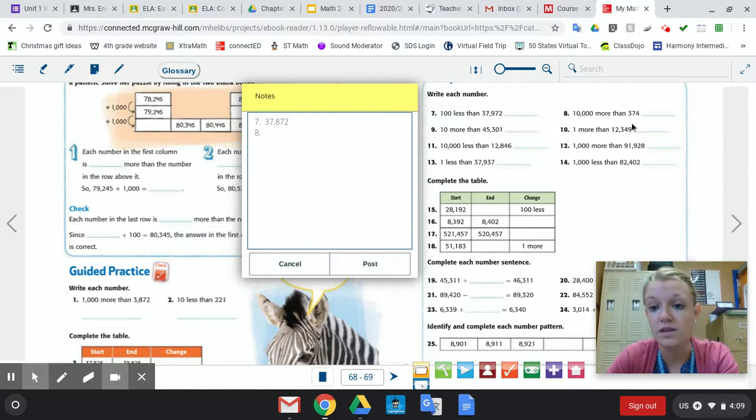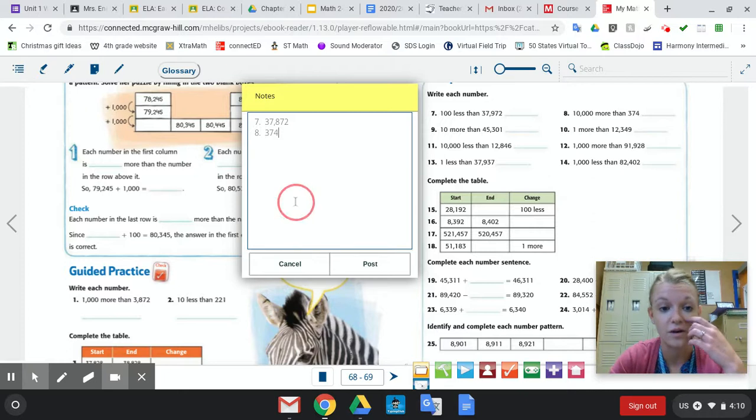Let's try number 8. 10,000 more than 374. So I'm going to type out 374. And I need to have 10,000 more. So I need to find the 10,000 spot. Well, to be completely honest, this number only goes to the hundreds, so I need to make it a 10,000 number. So I'm going to add 10,000 to it.